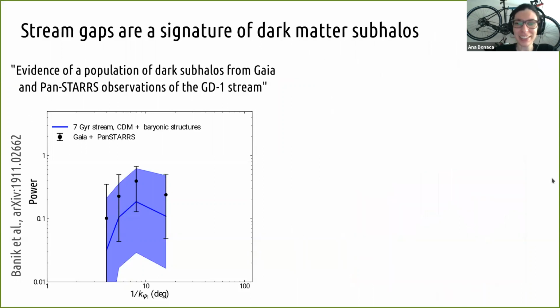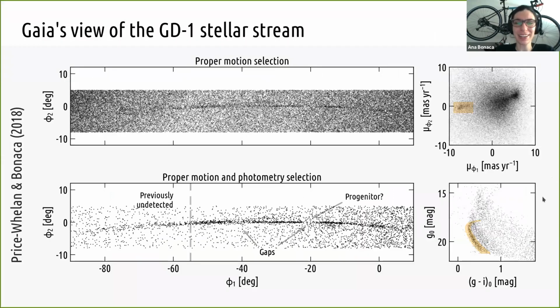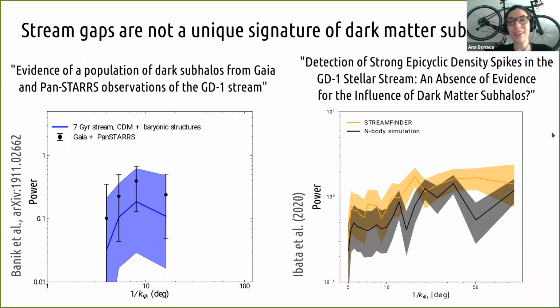This image of GD1, which shows very prominent gaps, was very exciting, but I was personally curious to see whether we can explain these off-stream features like the spur and the blob, and what they might be telling us, whether they would be able to break this degeneracy between external perturbations to the stream producing the gaps or some internal processes.